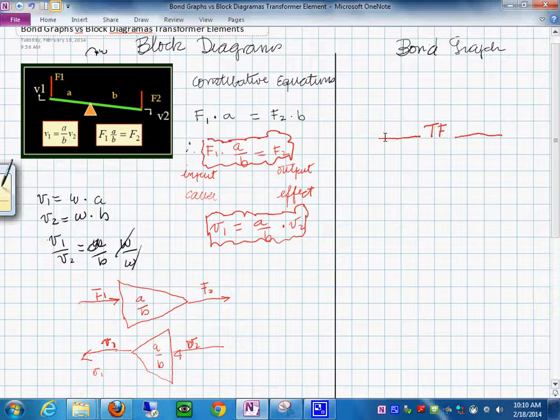So in this particular case, this is the effort, which would be, why don't we put it here, F1, and this is F sub 2 over here, like this. We need to fix it. Sorry. We need to do it right, all right? Do it nice and pretty. That way we understand each other really well.